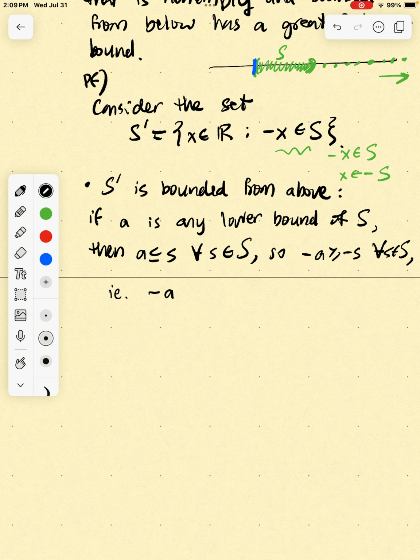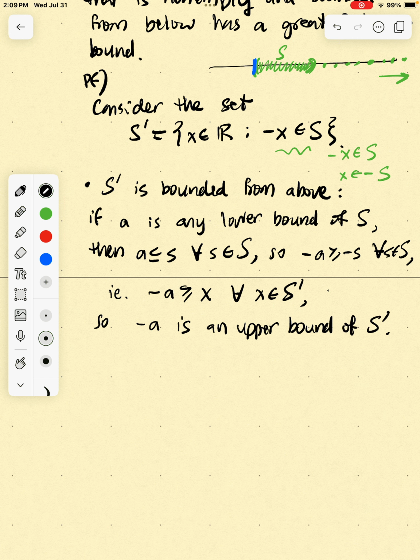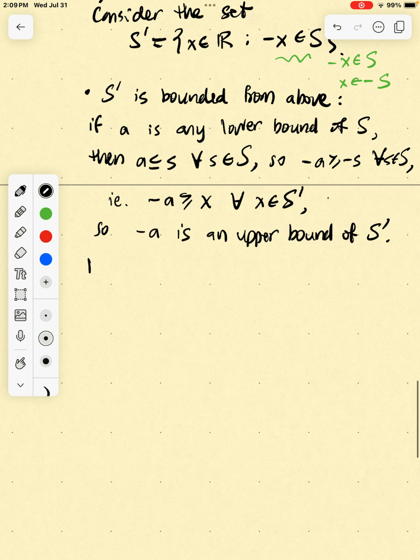So negative A is greater than or equal to x for every element x in S prime, which proves that negative A is an upper bound of S prime. So that shows that S prime is bounded from above. And now we can apply the least upper bound property.